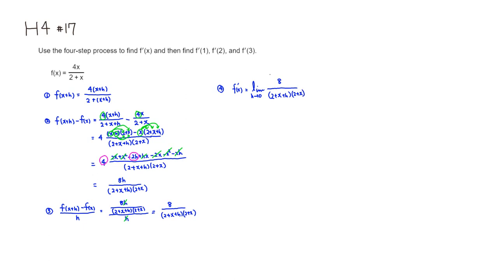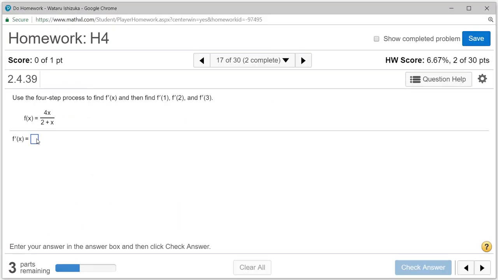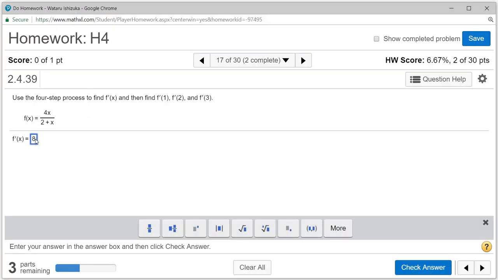As h goes to 0, this term disappears. So you still have 8 on top, but you have 2 plus x times itself, so squared there. Let's type it in. We get 8 over 2 plus x squared.